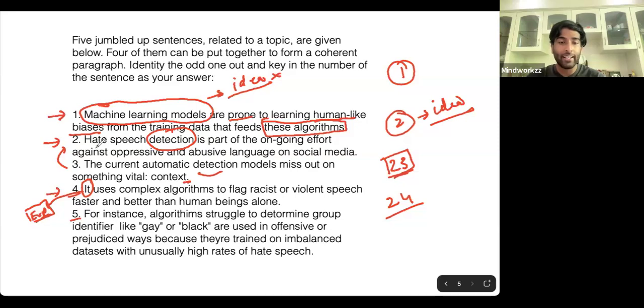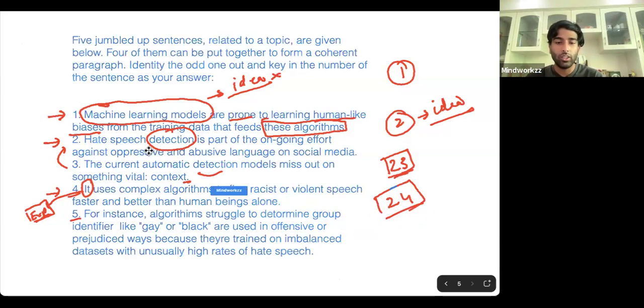Now, hate speech detection could actually use complex algorithms, and those algorithms are like machine learning models, and maybe current detection models miss out on something vital. It could be like that, right? So 2 and 4 also sound good. It depends on how the structure of the sentences is going to be. Further sentences, sentence number 5, what is it going to talk to you about, through which you can piece together what you are supposed to use. So 2 and 4 is good, right?